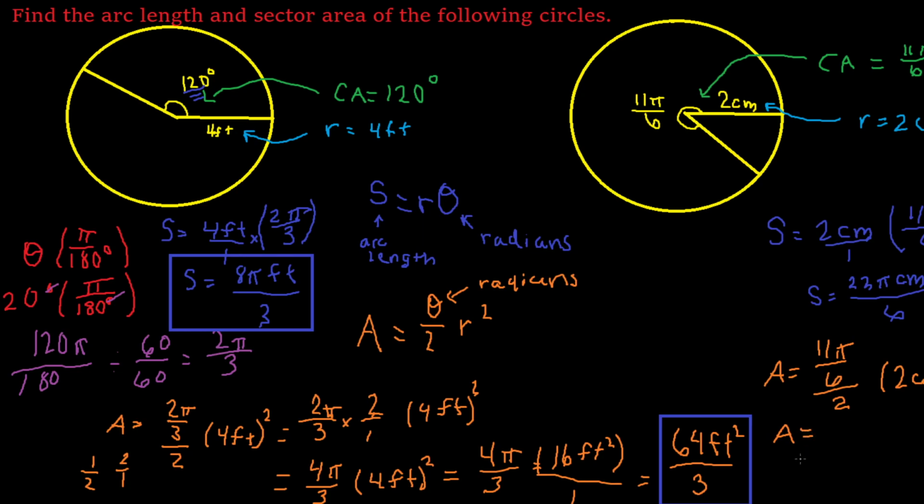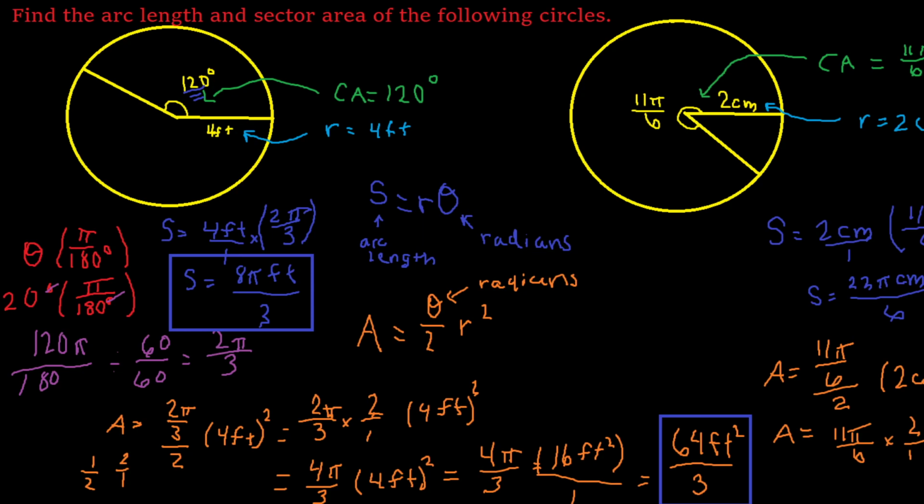So area equals, keep our 11 pi over 6, change the sign to multiplication, and we change this to 2 over 1. And then we're just going to leave our quantity of 2 centimeters squared. We don't need to worry about that right now.